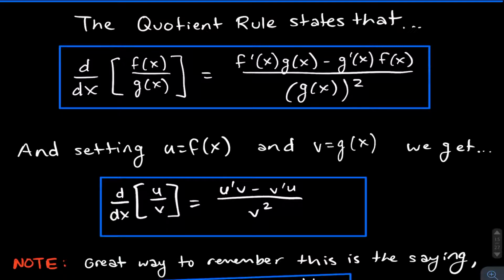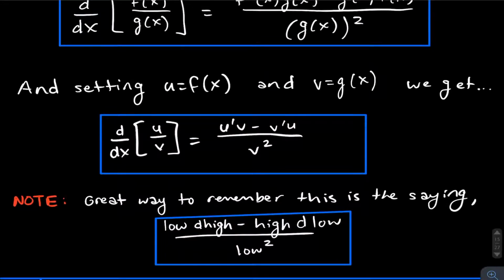Here's a great way to remember this. I know pretty much everybody I talk to about calculus remembers it this way, so I definitely want to teach it here, because if you're not really happy with the way I'm saying u prime v plus v prime u or things like that, here's a better way of remembering this.